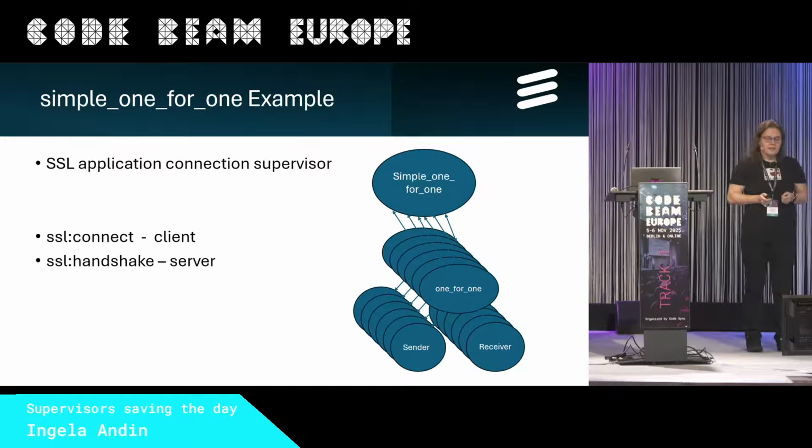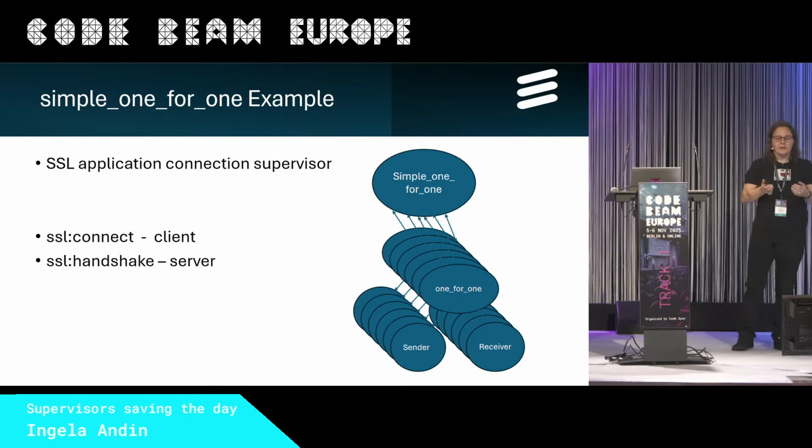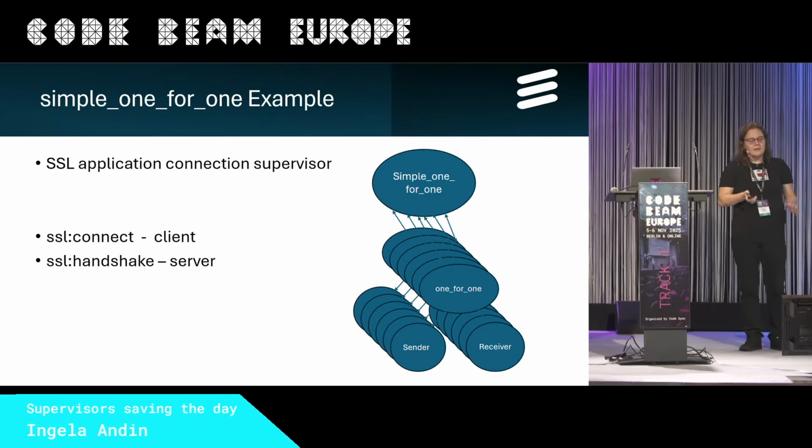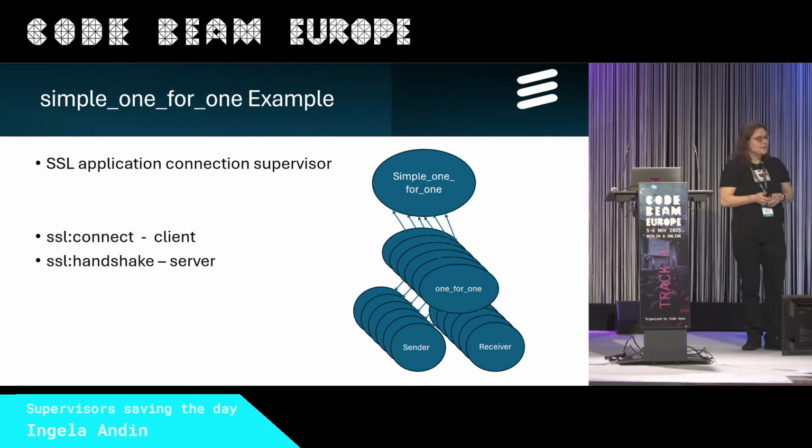An example of this, simple one-for-one, also comes from the SSL application. It's a sub-supervision tree that is the same. For each TLS connection, you will have this supervisor with the sender and receiver worker for each connection.